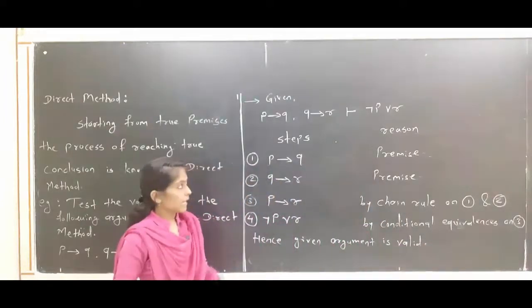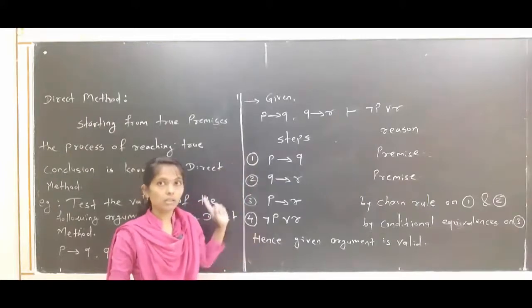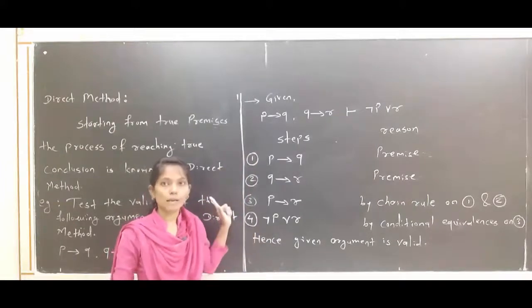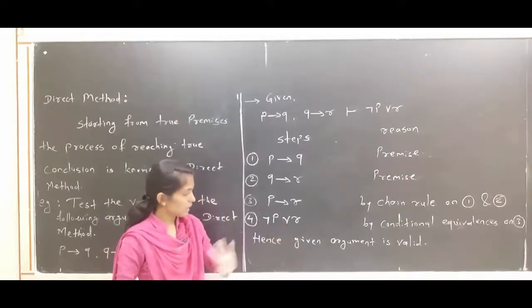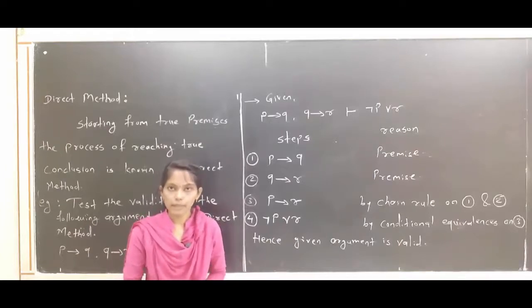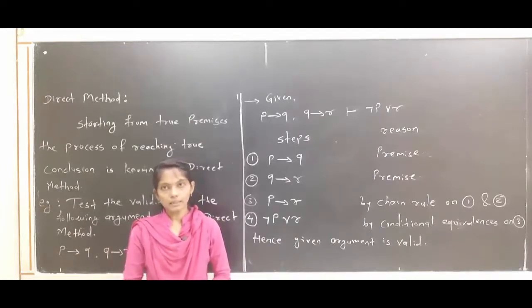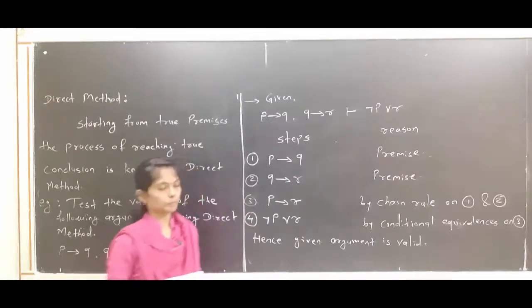Okay, we take true premises and the process of reaching the true conclusion is known as direct method. So here we apply this direct method and we get the conclusion. Hence the given argument is valid. Okay, get it?